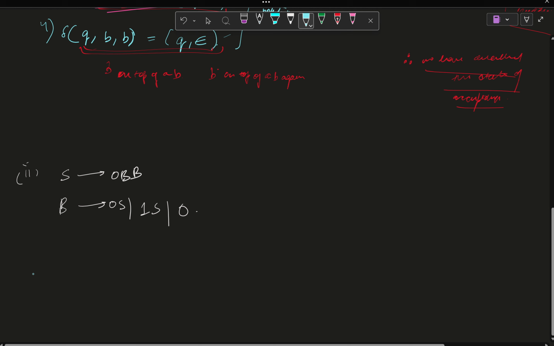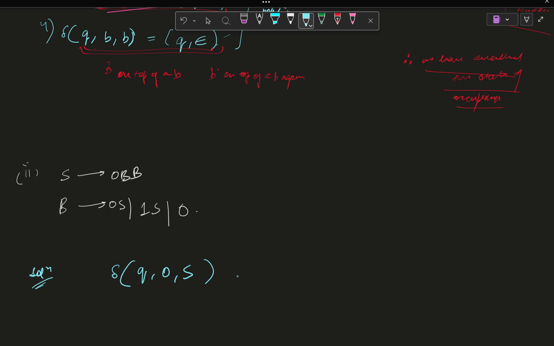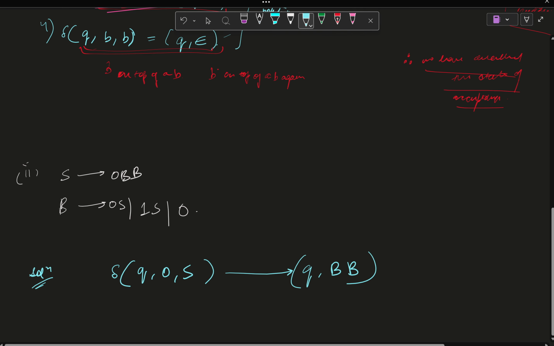The first transition function that can be defined for us is delta(Q, 0, S) going to (Q, BB), right? Because Q is the starting state, S is the symbol that we have encountered, the start symbol, and 0 is the input symbol.